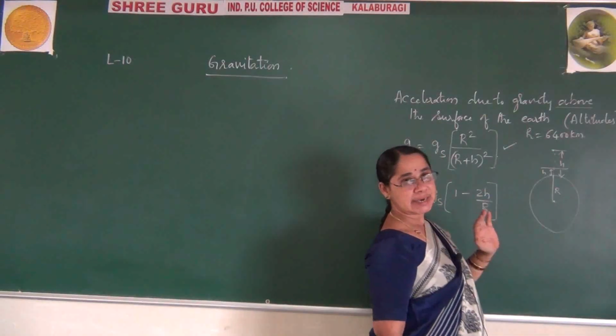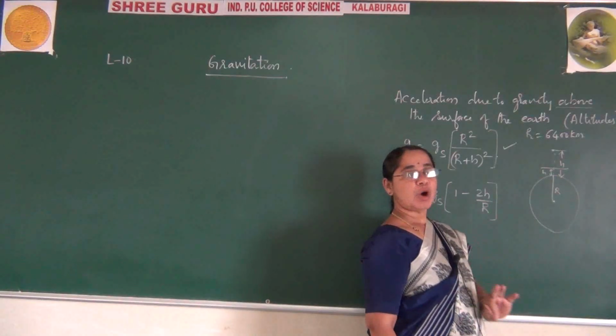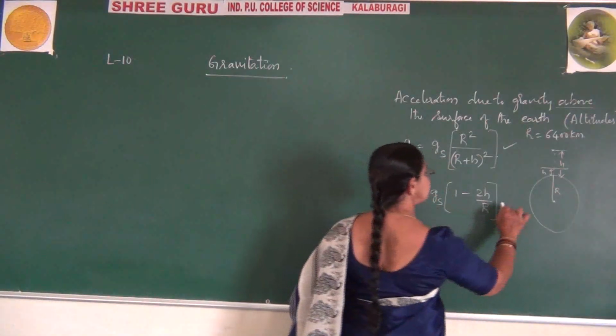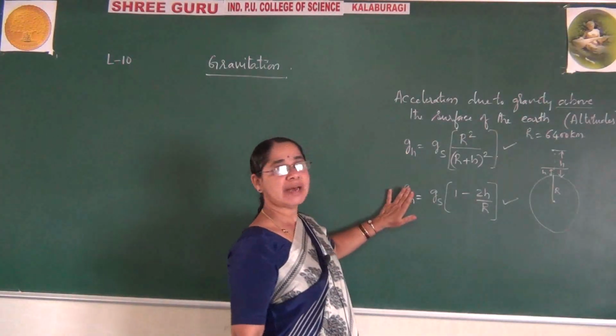We have to take it into consideration, but at that time we say the height is very small, due to which we have to select this formula. Is it clear? So be careful using these formulas.